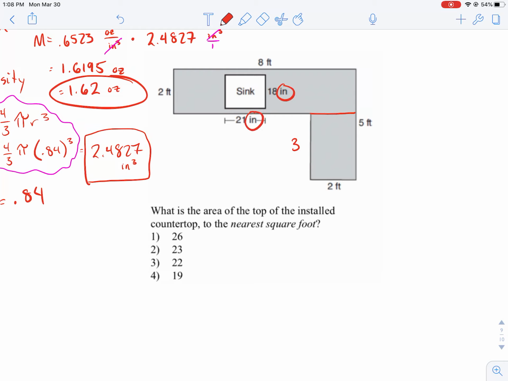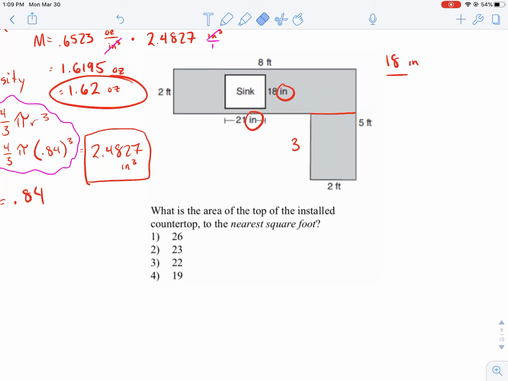And I think that's the only other piece we need. Now, of course they love throwing stuff like that on there, our units of measurement for the sink are in inches. So we're going to have to convert that to feet.